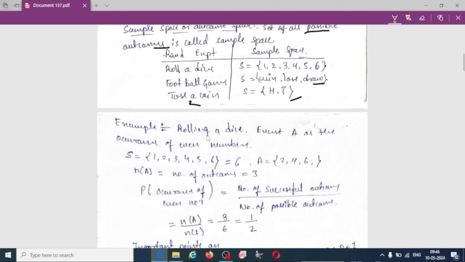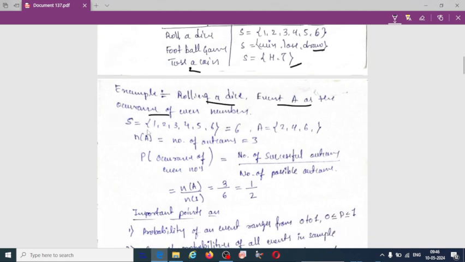Example: rolling a dice, with event A as the occurrence of an even number. If we roll a dice, the sample space is 1 to 6, so the total outcomes are 6. Here in this sample space, 2, 4, 6 are the even numbers, so the number of outcomes for an even number is 3.